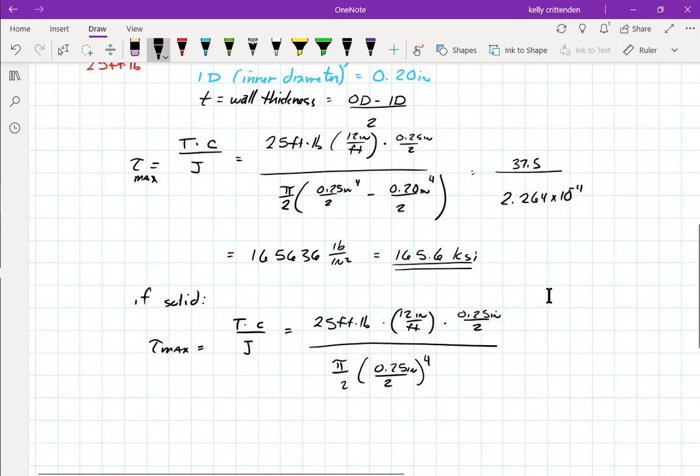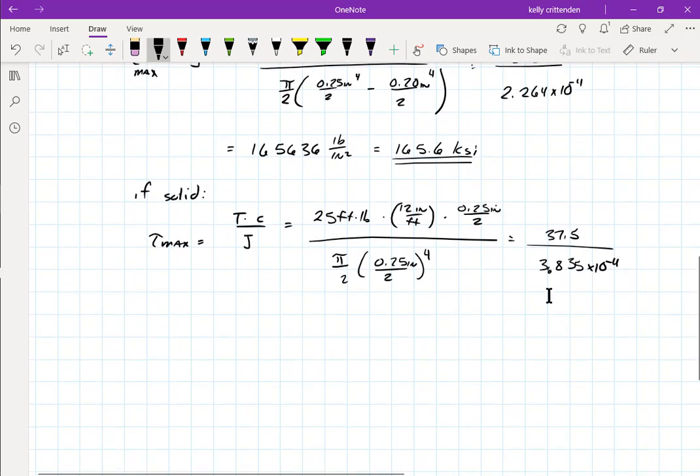So there is a change in the denominator. So let's see if that is enough to make it at least be able to carry the torque we want it to. Our denominator now is 3.835 times 10 to the negative fourth. So it's bigger, still have the same numerator. So 37.5 divided by that number.